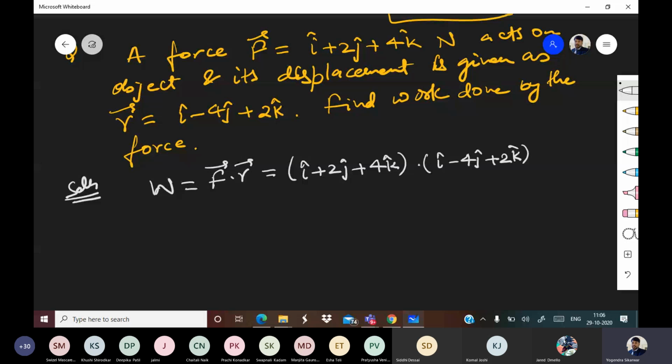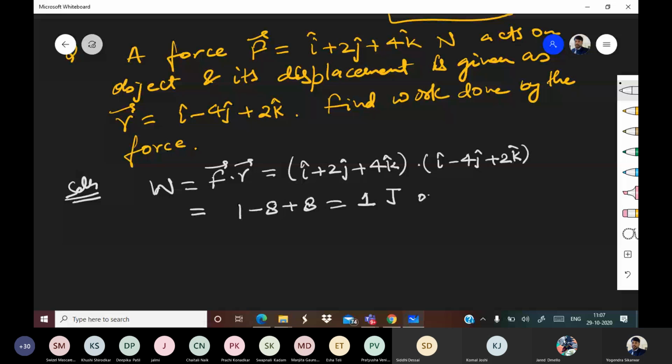So that comes out to be 1, plus 2 into minus 4 will be minus 8, plus 4 into 2 will be 8, and that will be 1 joule or Newton meter.